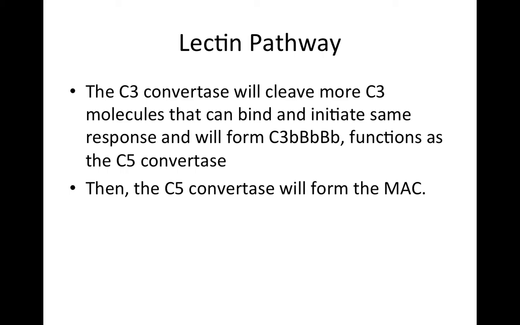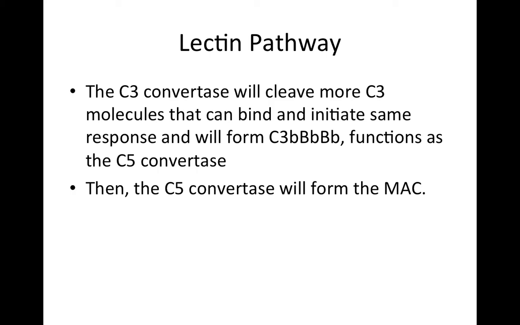The C3 convertase will cleave more C3 molecules, and the C3b portion can do the same thing again and bind back to the C3 convertase, forming C3bBbC3b, which is the C5 convertase. The C5 convertase then forms the membrane attack complex, just the same as the other pathways.